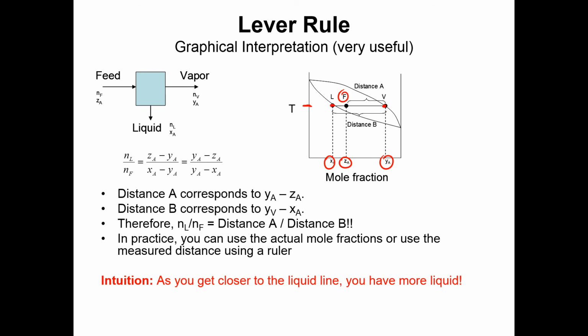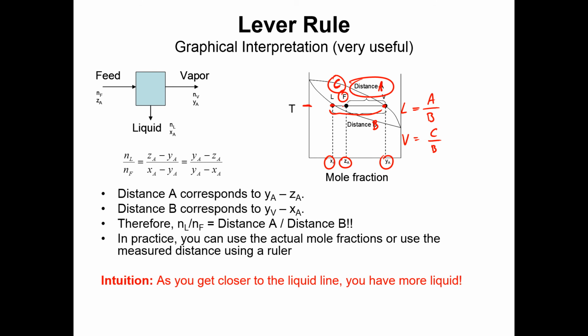Okay, so here I have distance A. This is going to be distance A, and then this total distance is distance B. Okay, and then how much liquid I have is going to be A divided by B. Okay, and then I'm just going to label this distance C, and the vapor is going to be C divided by B. So that's just going to be the ratio of the distances.